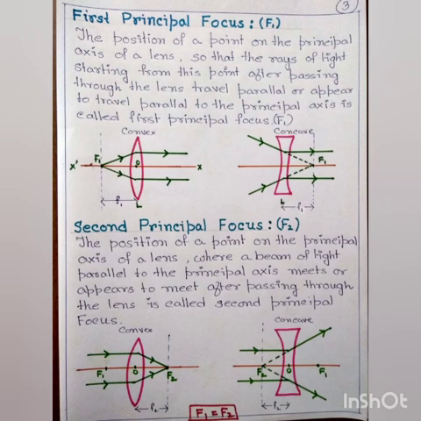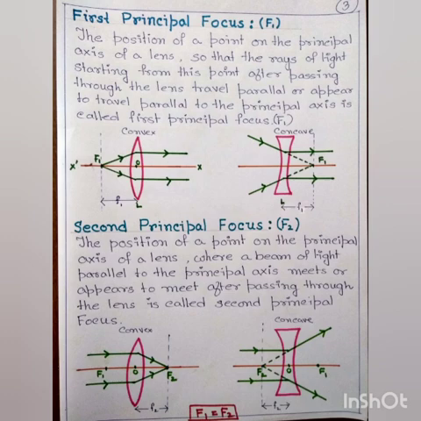For the convex lens, see here the incident rays are parallel, but after refracting through the convex lens, they converge and meet at a point on the principal axis, and that point is known as the second principal focus, that is F2.